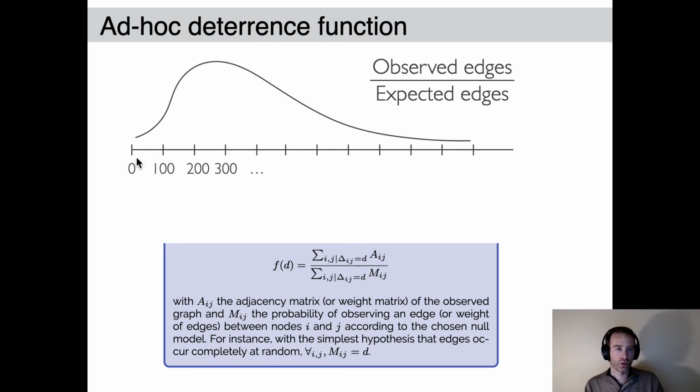But so you're taking all pairs of nodes at a distance between 0 and 100, all pairs of nodes between 100 and 200, and so on and so forth. And for each of these bins, you will compute the number of edges that you have observed, and you will divide by the number of edges that you're expecting. And this gives you a ratio, and this ratio will define your deterrence function.